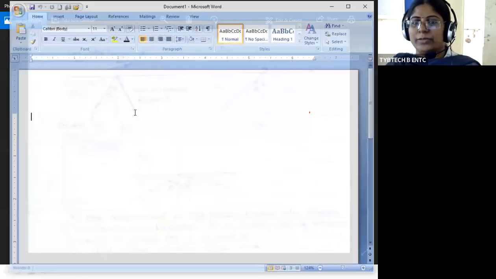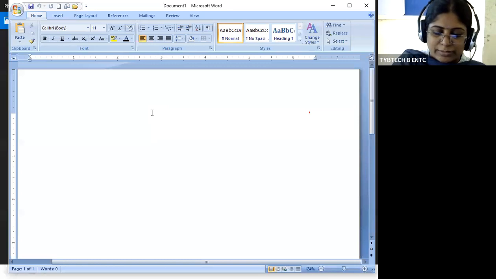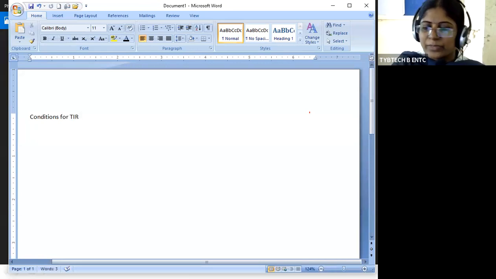If you remember, try to recall it. So 2 conditions we have seen. Conditions for, I will just write here TIR, conditions for total internal reflection.